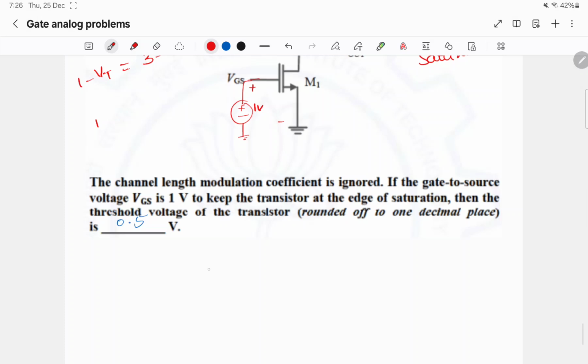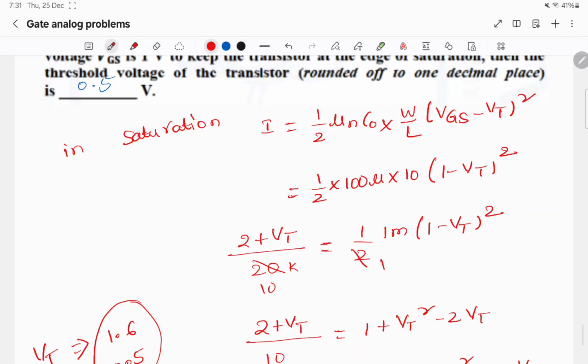And we know that in saturation, I is half mu n Cox W by L into Vgs minus Vt the whole square. If I plug in the values, mu n Cox is 100 micro, W by L is 10, Vgs is 1 volt, and Vt is Vt.